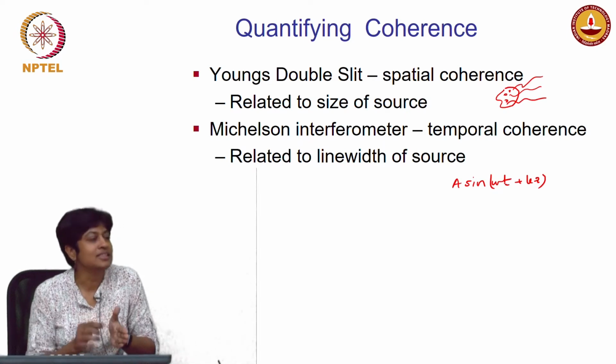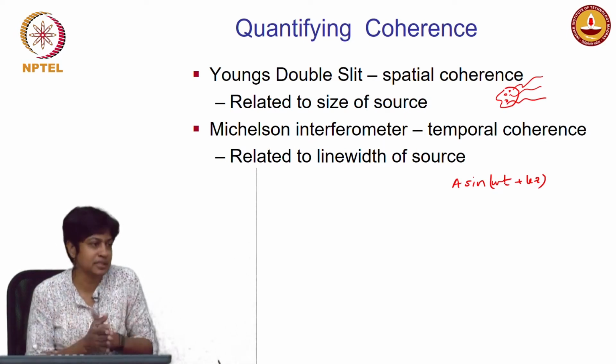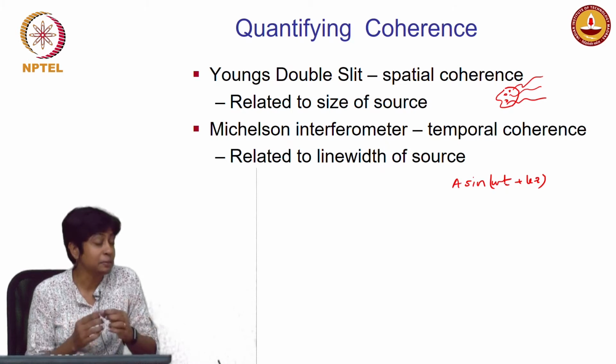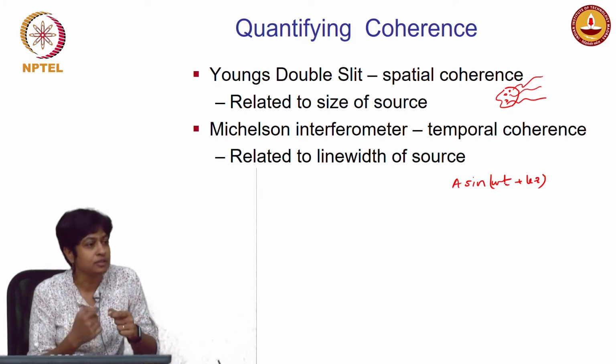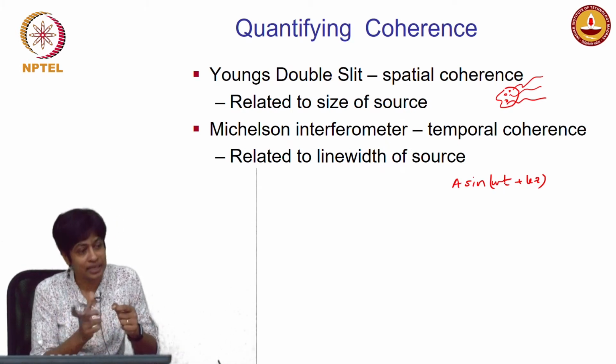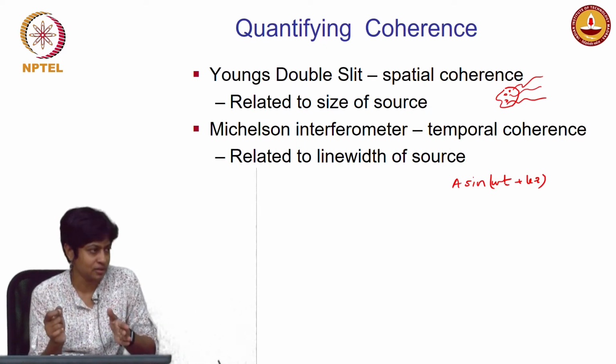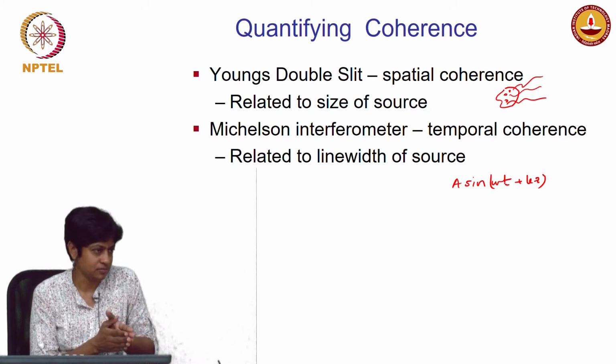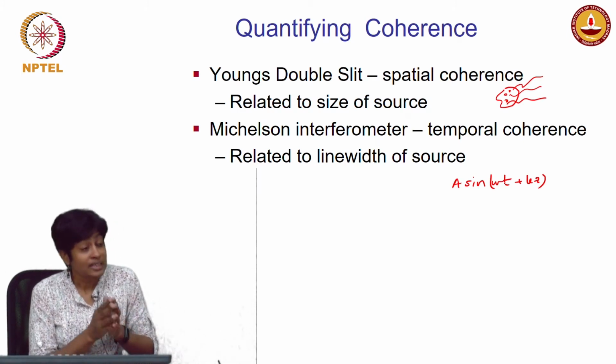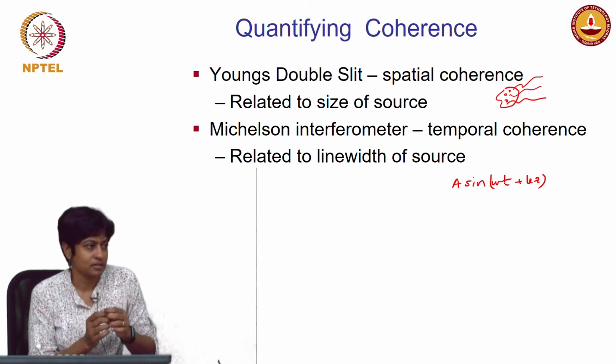But if I say there's an error in phase of 10%, it's totally unacceptable, because the change in this expression for even a small change in phase is very, very large. Okay. So, changes in phase affect light very strongly.